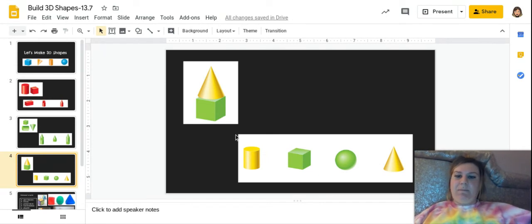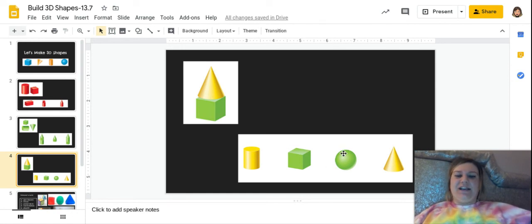Now let's look at the bottom here. So did I use a cylinder to build this? No. Did I use a cube to build this? Yes. And where is the cube? The cube is on the bottom. Or you could also say the cube is below which shape?